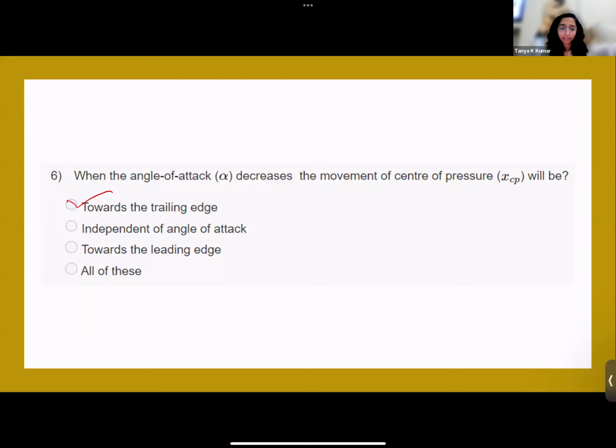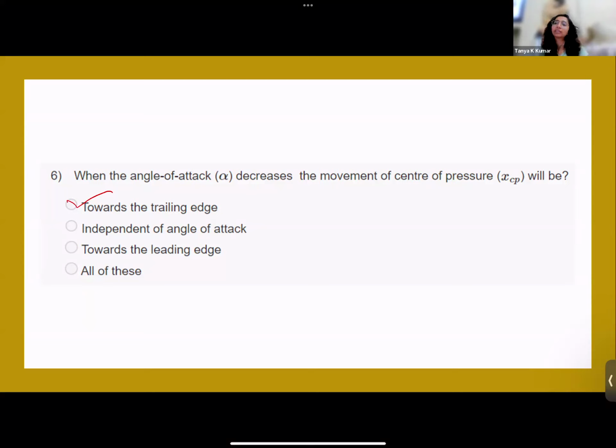That is the right answer. It's something to do with the pressure distribution, right?